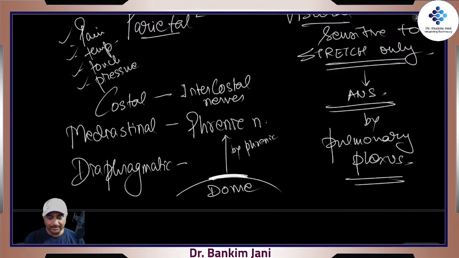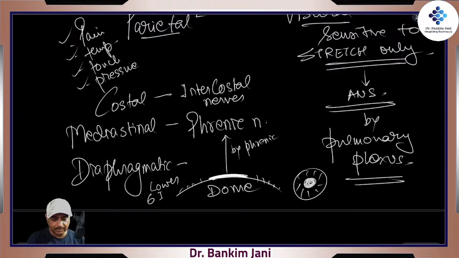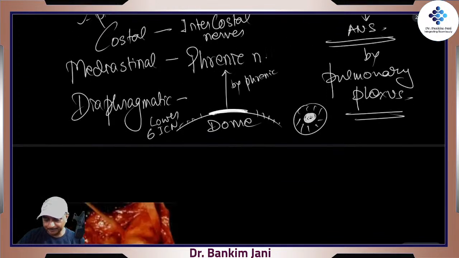If we watch from the top, the middle portion is by phrenic, and the rest of this is by the lower six intercostal nerves. So this is done.